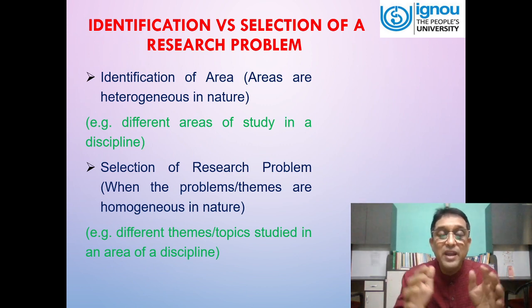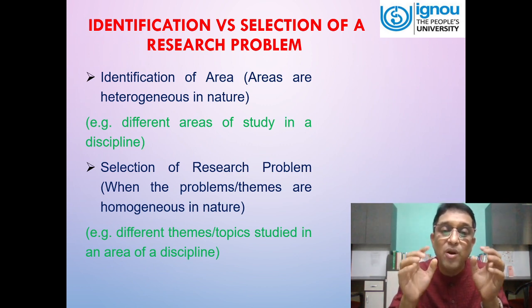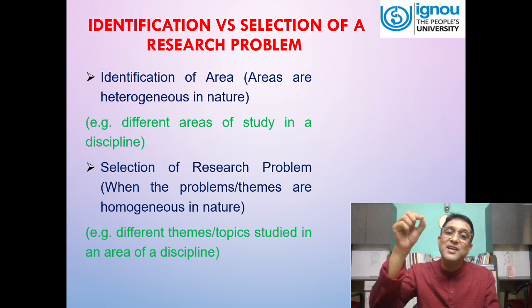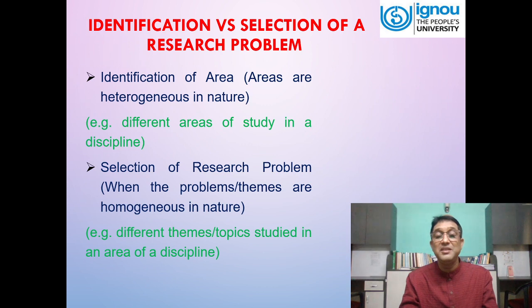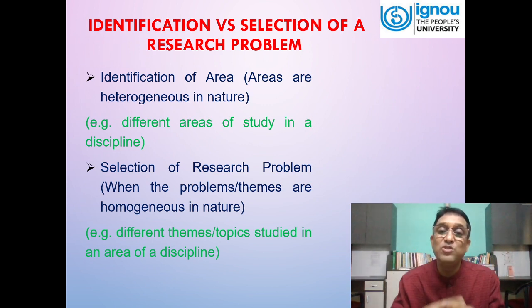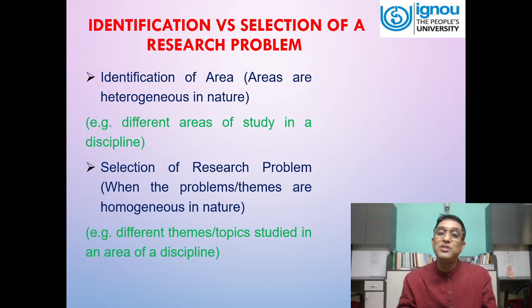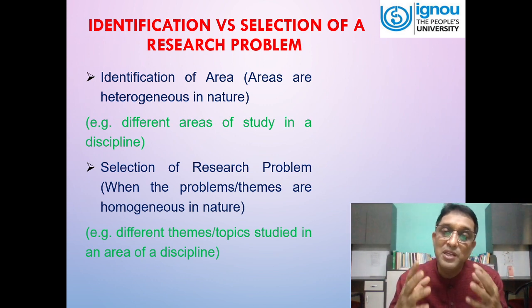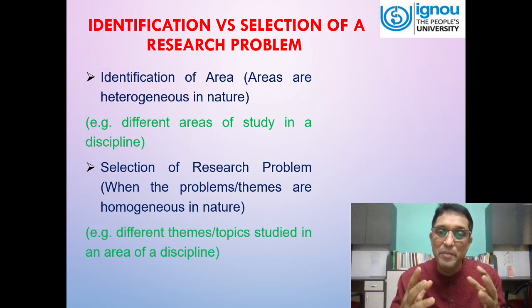So friends, I have taken the names of many areas in education, and you will find that all these areas are heterogeneous in nature. History of Indian education deals with the development of education in a country. But when we talk about educational technology, it includes information communication technology, hardware, software, and programming.